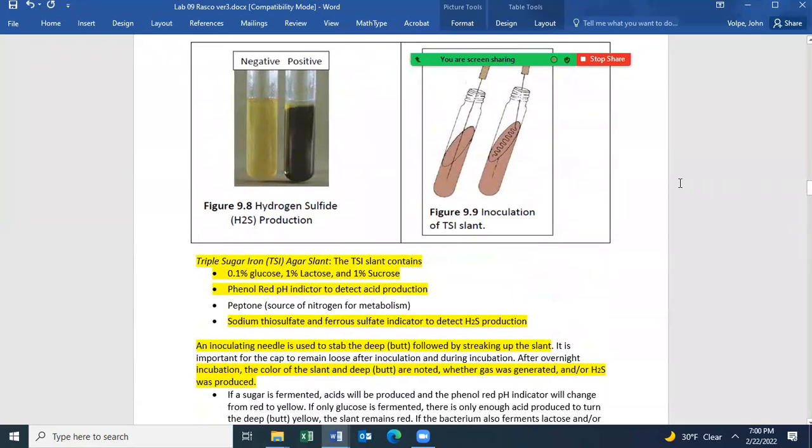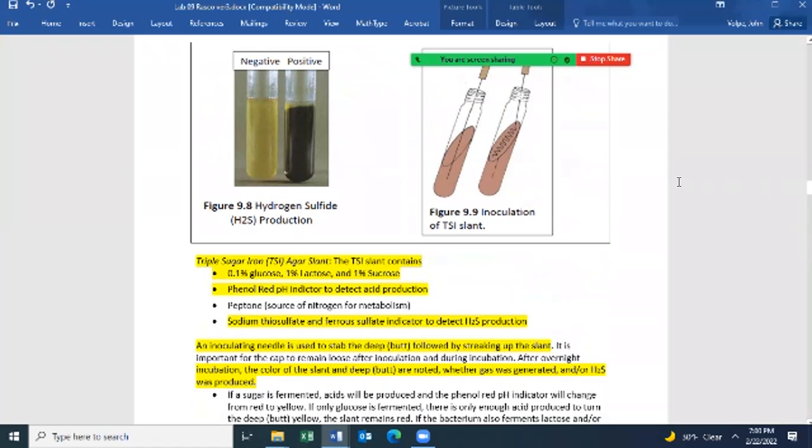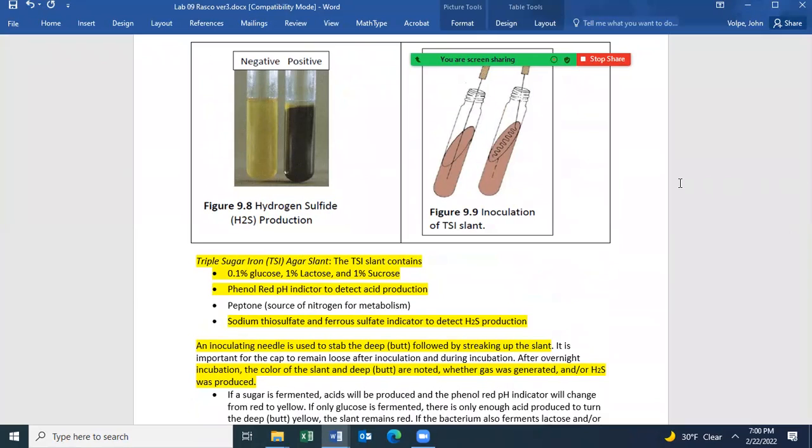All right, let's talk about the triple sugar iron test, also called the TSI. It is an agar slant with the butt in the agar. There's 0.1% glucose, but 1% lactose and 1% sucrose.